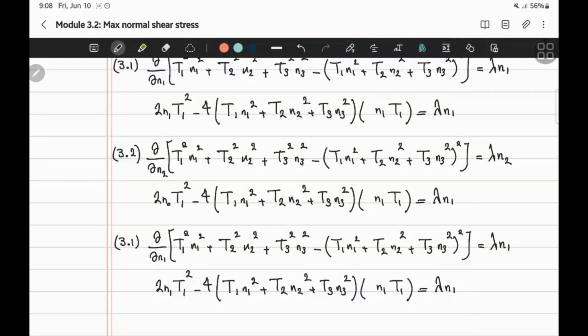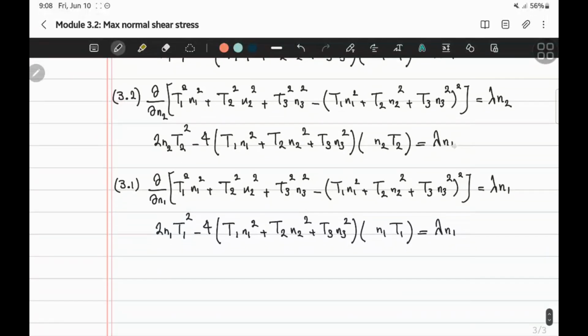So what I get is 4 n2 t2 for this expression, and this is n2, this is t2. And this is 3.3. So this is lambda n3. And here we have 4 n3 t3, and this is n3.